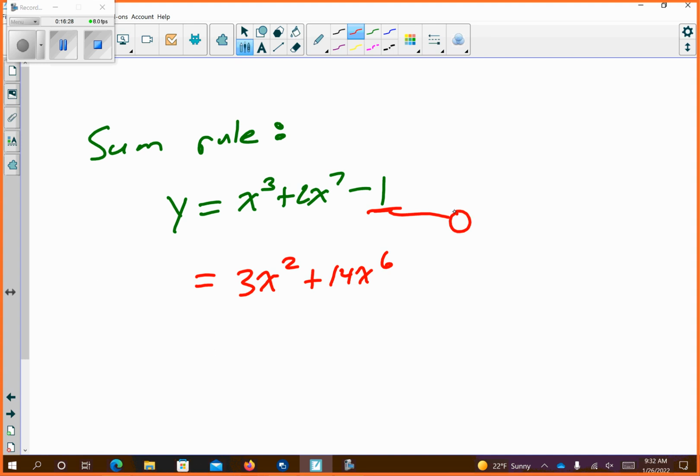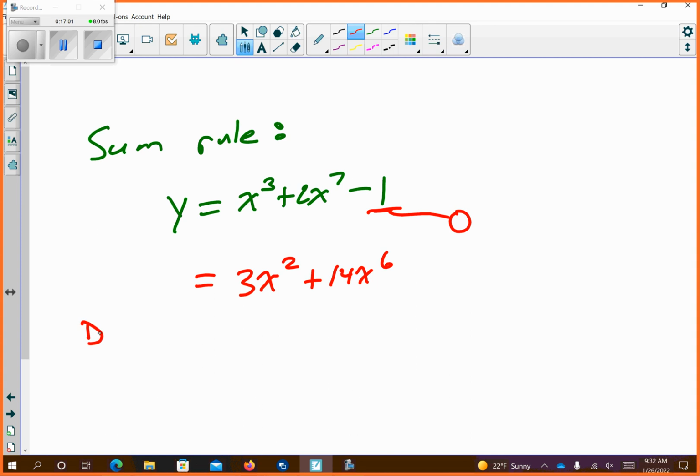You see what I did? Did I bring the exponent, like I said, down front and reduce the exponent by 1 here? I think I did. Did I bring the exponent down? Yeah, but there was 2 there, so I multiplied by 2 times 7, I got 14. And I reduced it by 1. And then the derivative of a constant is just 0. So the derivative of this is this. Okay? So the sum rule just basically means we're adding things together.